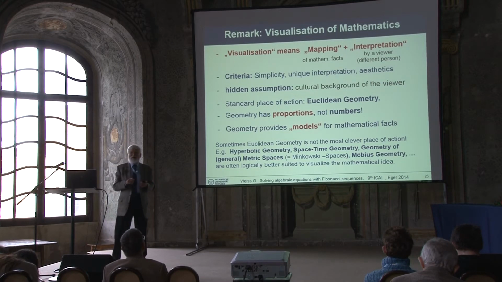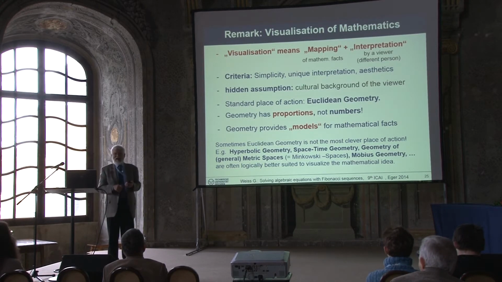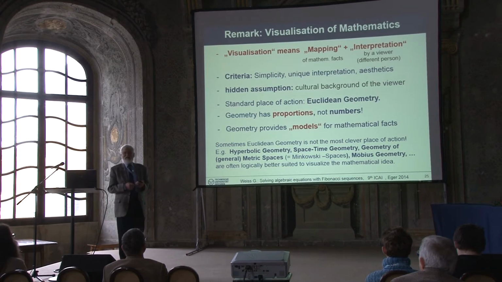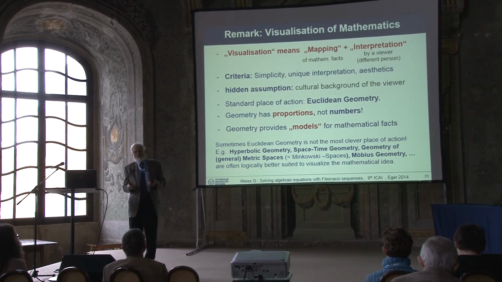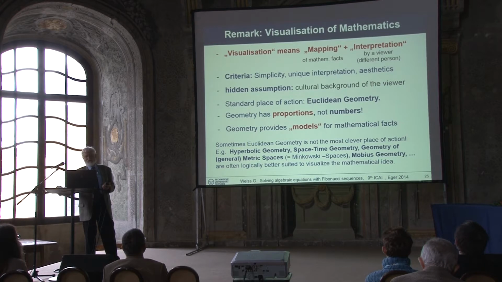And we want the viewer to get the same information as we put into the mapping. The mapping is good if a naive viewer can guess the information. Somehow he must be schooled also. Criteria for mapping: simplicity, unique interpretation, and of course aesthetics. It should be a nice visualization.